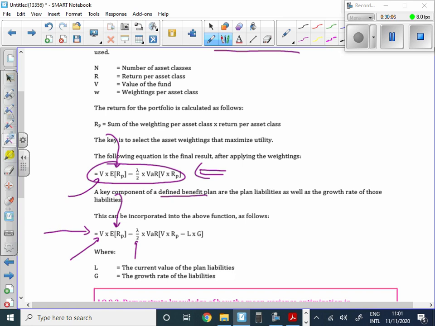But now look what's happened. I take value of my portfolio less the liabilities on that portfolio, and not just less the liabilities, but less the liabilities growing as well, as they tend to grow in the particular fund. Yes, it is one that we do need to know as well, guys.